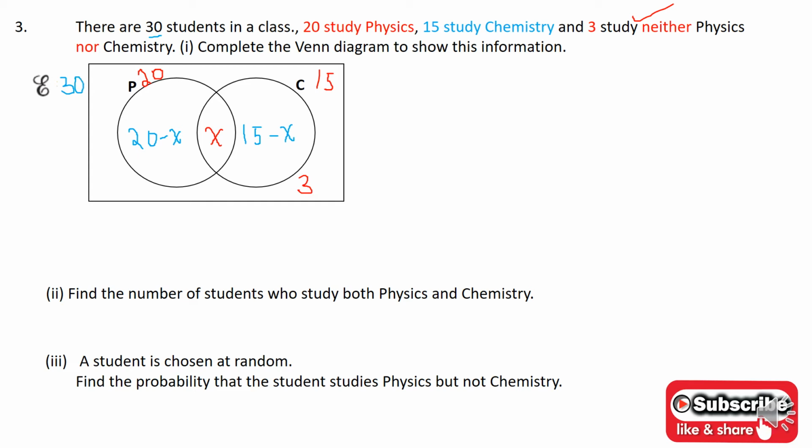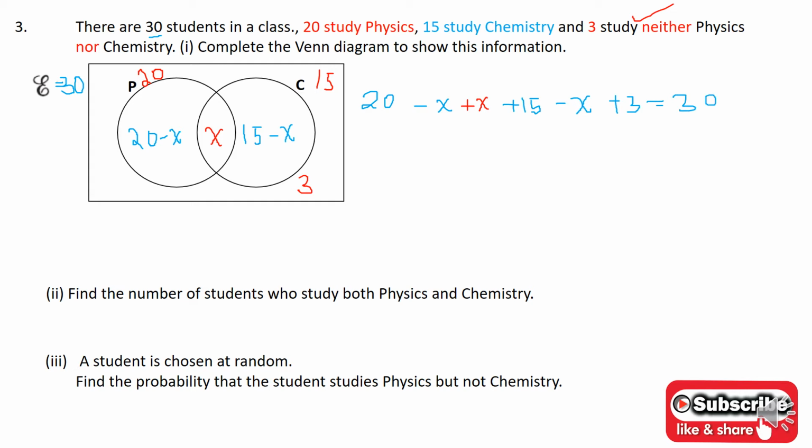So you can say, wait a minute, 20 minus x, plus x, then plus the 15 minus the x, and maybe you can add that little 3 that is outside, should give you the universal set, should give you 30. Then you clean this up and solve the equation.